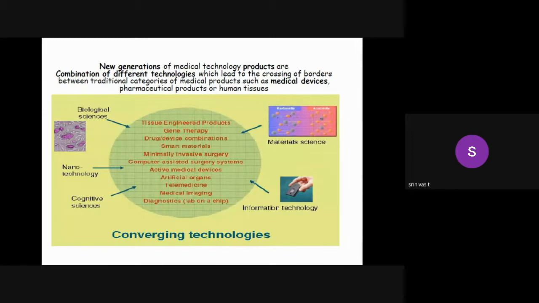Let us see: nanotechnology, cognitive sciences, information technology, material sciences, and electrical sciences are all involved in medical image processing, particularly in AI devices for medical imaging. In devices, tissue engineering, gene therapy, drug and device combinations, and smart materials all come under AI devices. Let's go to the next slide.